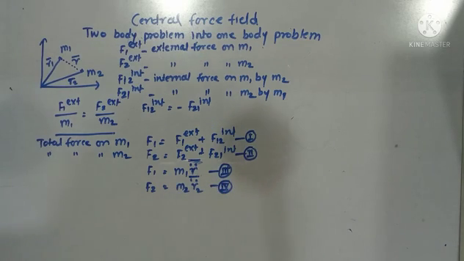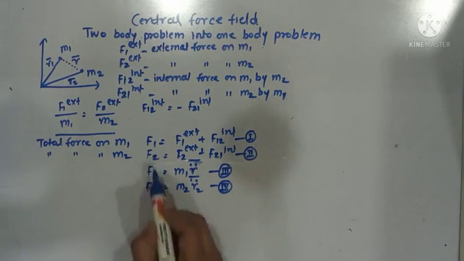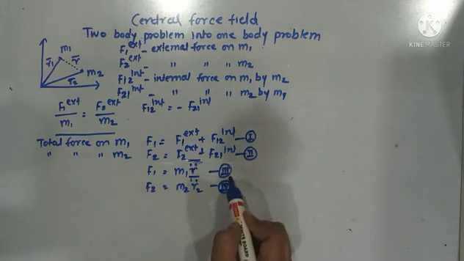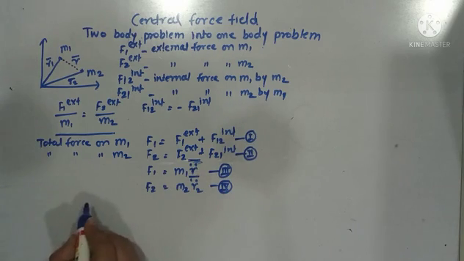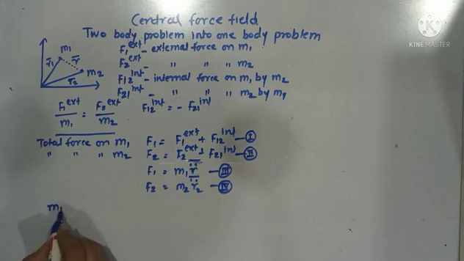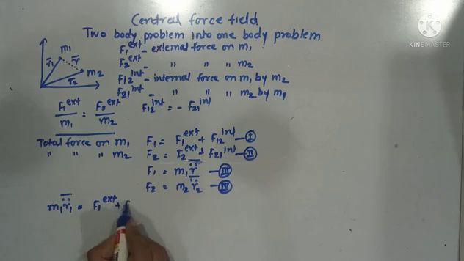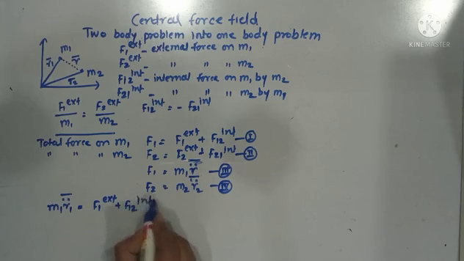Okay, now let us try to equate these equations. If I equate equation 1 and equation 3, I can write m1 r1 double dot is equal to F1 external plus F12 internal.